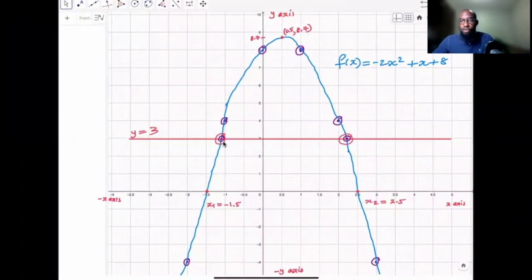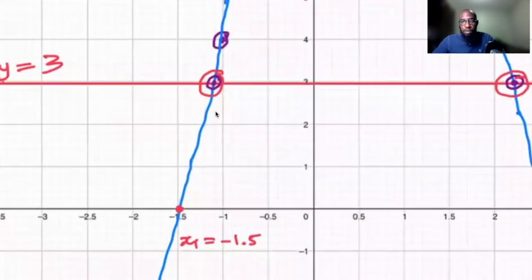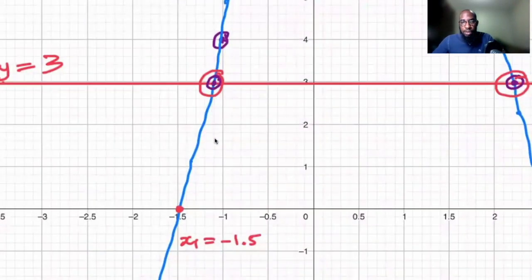So what we have to do is, from this point, you go straight down and we read off what answer we got.